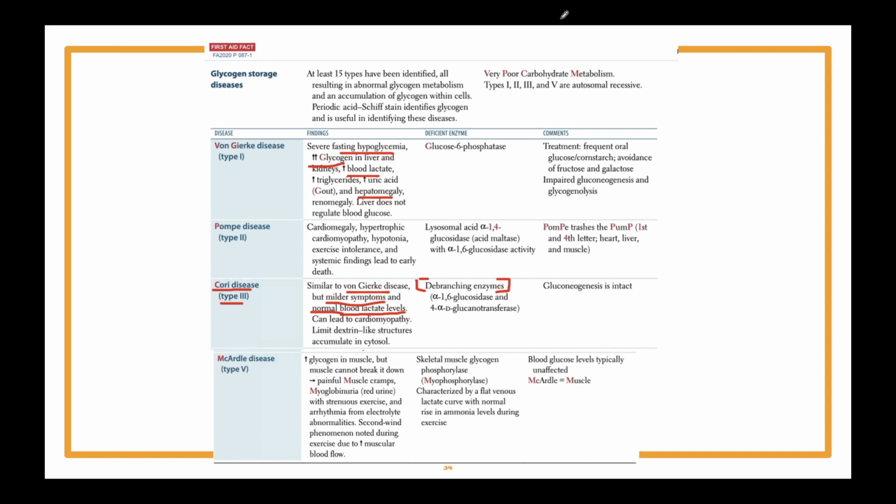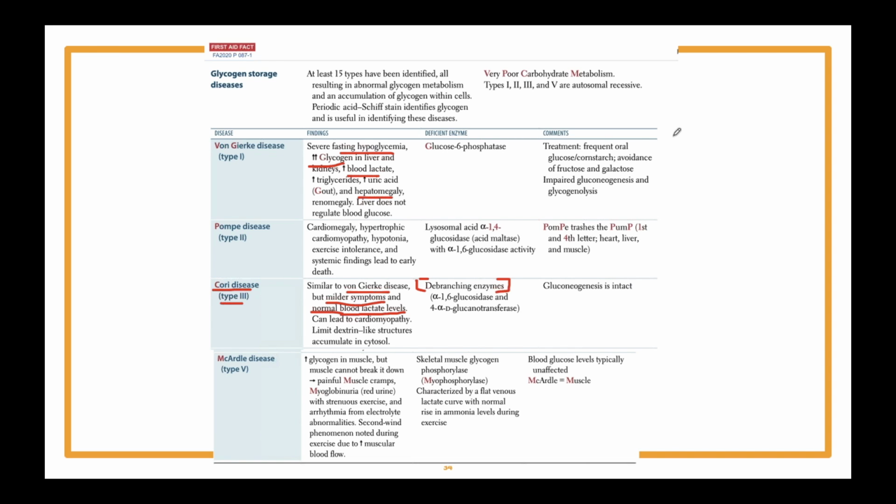So it can be tough to differentiate between some of them, so it's important to know what those key differentiators are. In this question specifically, it was that normal blood lactate level that told you it was not von Gierke's and maybe Cori's disease instead, okay?